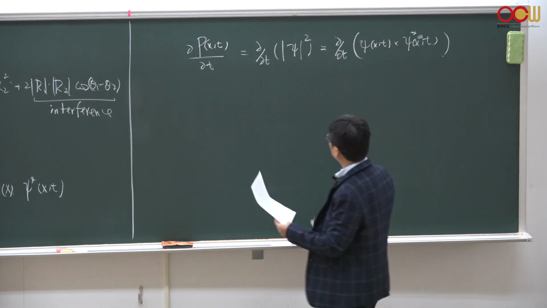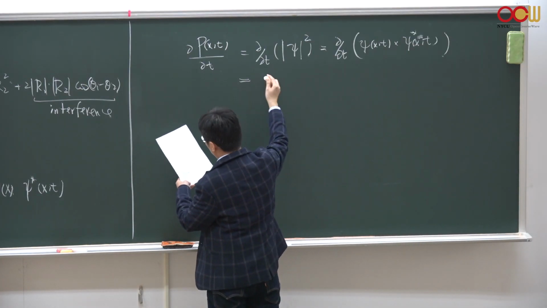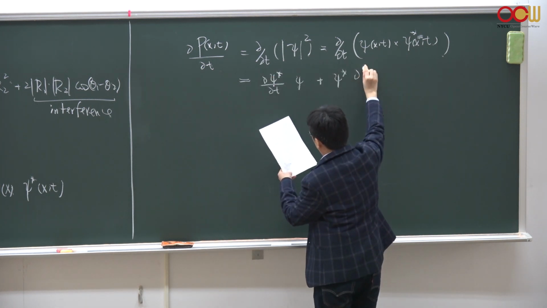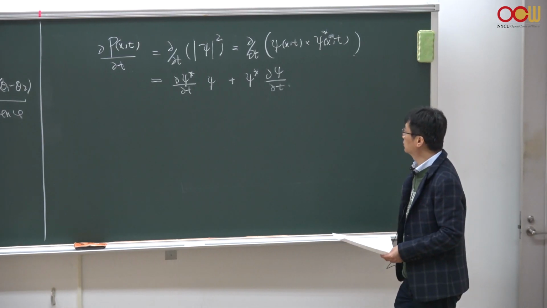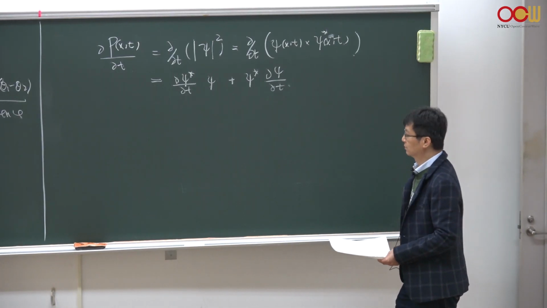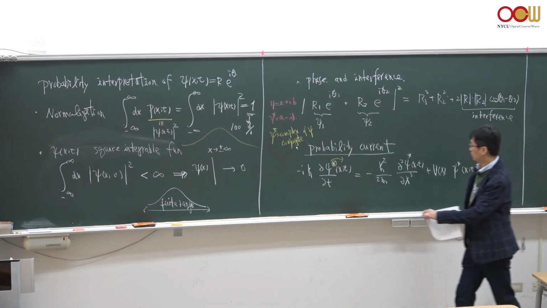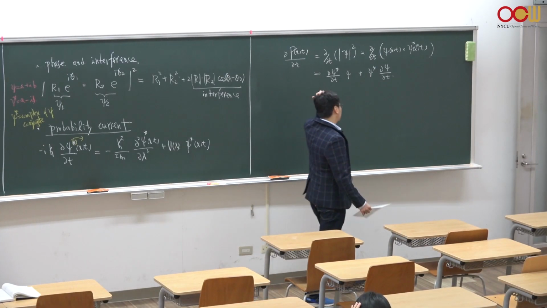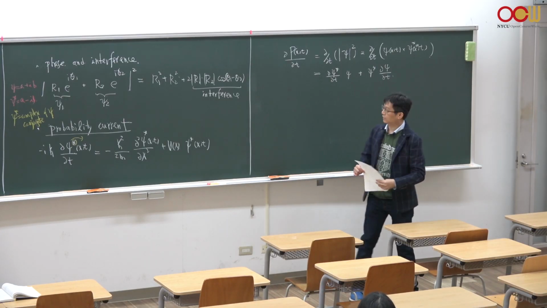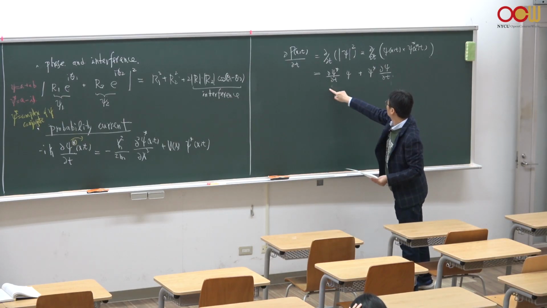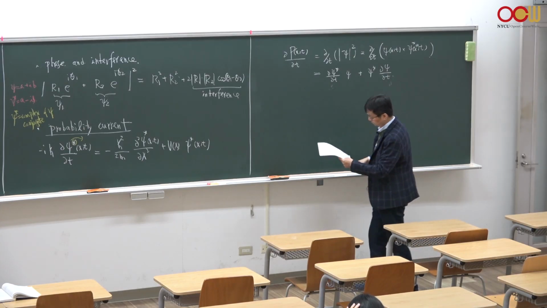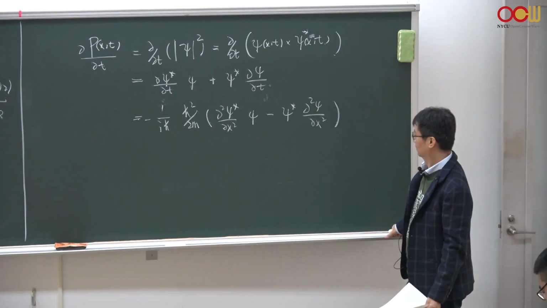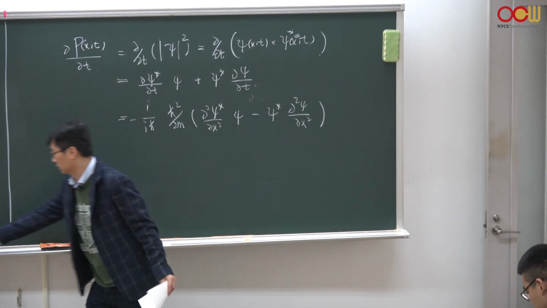By the chain rule, we could decompose this into different derivatives. For each of these terms, you could plug in the Schrödinger equation. This is the Schrödinger equation for psi star, and you know the Schrödinger equation for psi. So just plug in these Schrödinger equations for psi and psi star, combine the two, and you get this. So pay attention to this minus sign here.